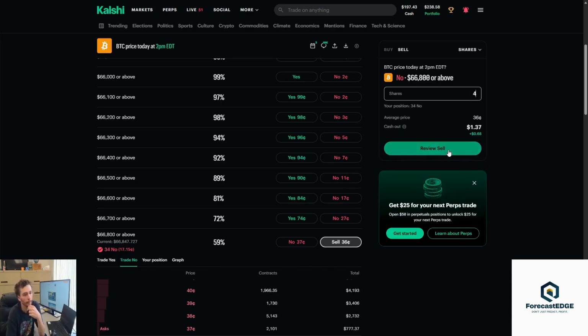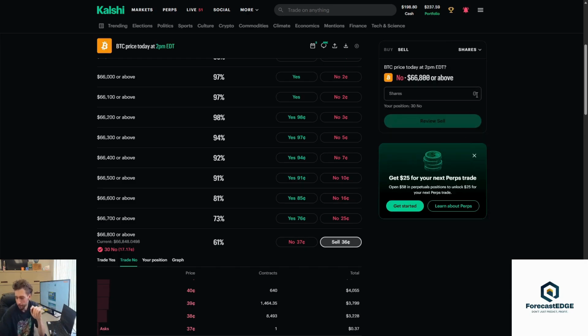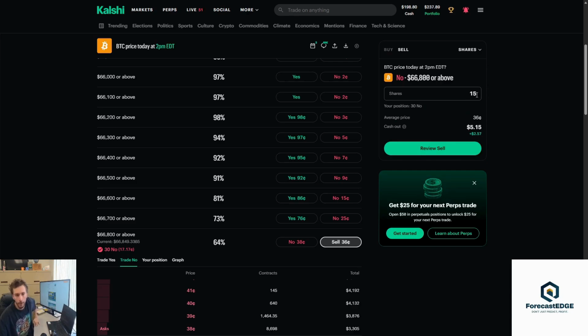So this is just trimming. What I'm doing is trimming the profits, okay? Trimming profits, guys. No big deal.